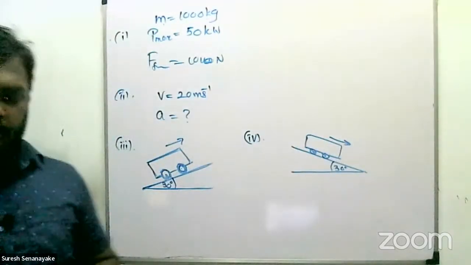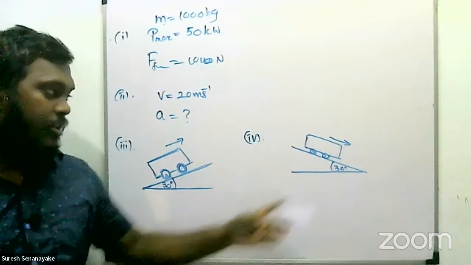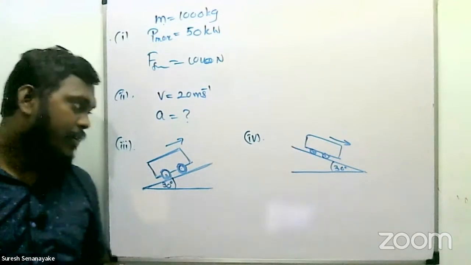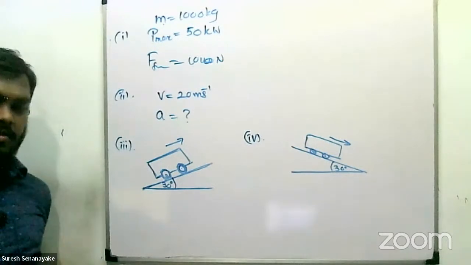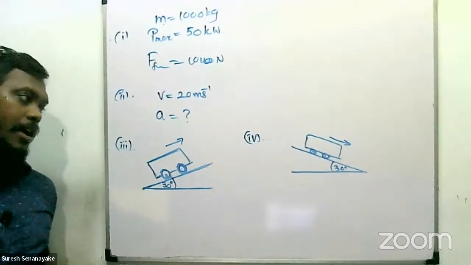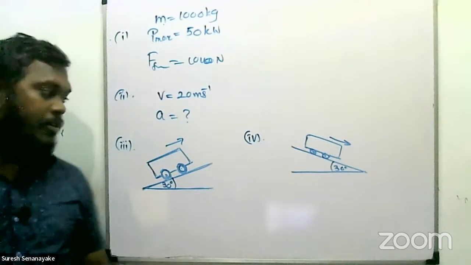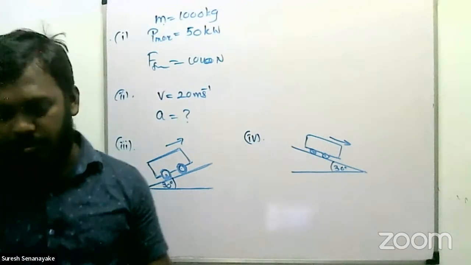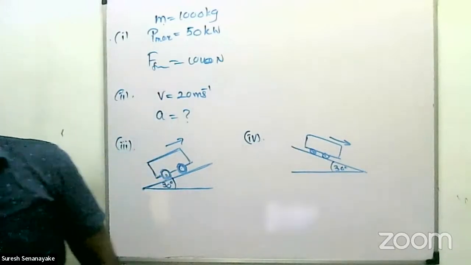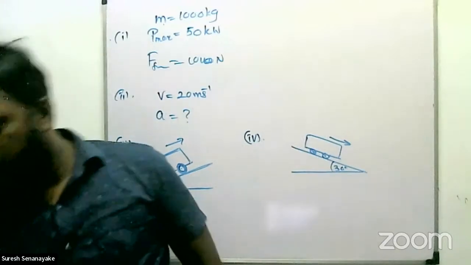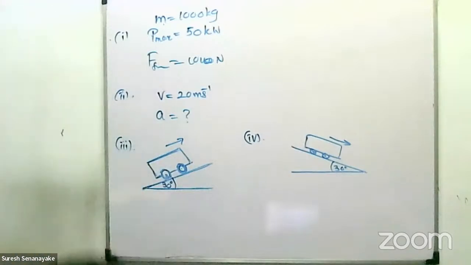The same friction is also applied. You can consider here the fourth part, right? When the vehicle moves down the incline with the same angle to the horizontal, and the same frictional force is applied, what is the maximum velocity which the vehicle can move? Okay, then try.